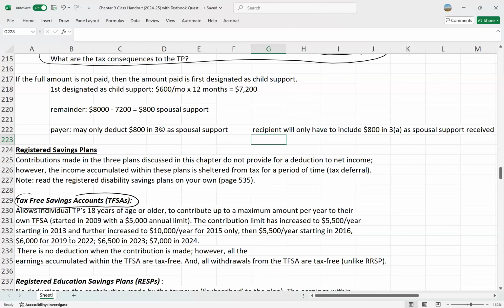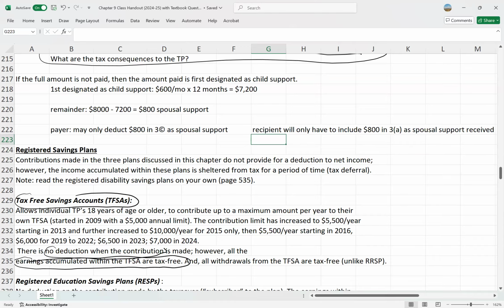And this is something that was introduced back in 2009, so it's relatively new. But basically, any money that you put into a tax-free savings account can grow tax-free. All the earnings will accumulate within the tax-free savings account tax-free. The amount that you put in, though, you do not get a deduction.